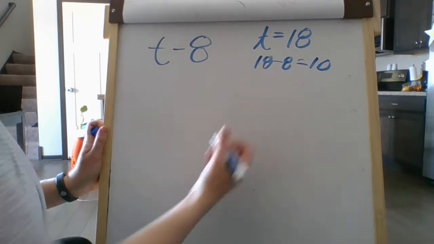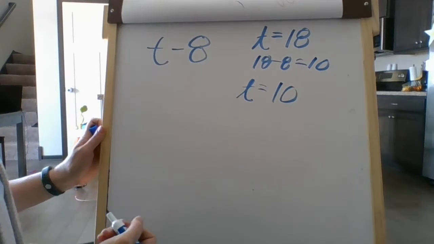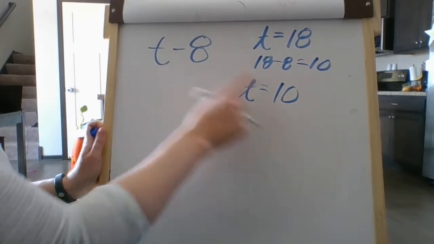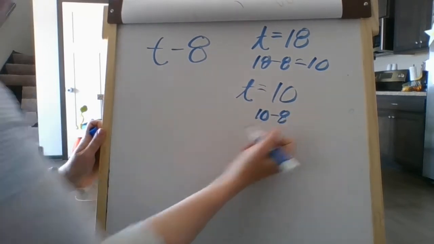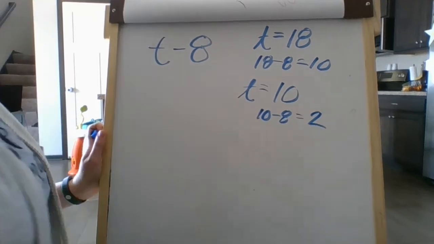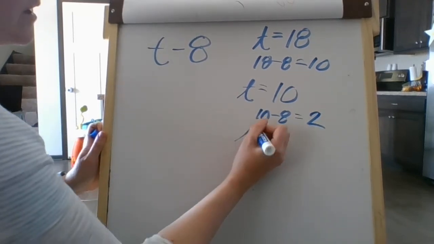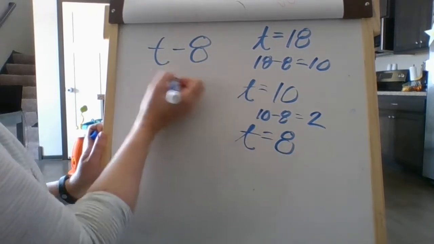Now we can do that with a lot of different numbers. What if we say that T equals 10? We're going to replace T with the number that they give us, which is 10, and continue with the rest of our expression. So 10 minus 8 is 2. Another example, if we have T equals 8, we can plug that number in.